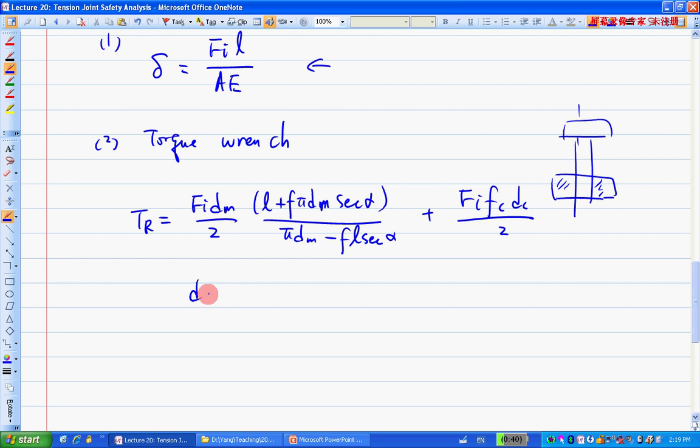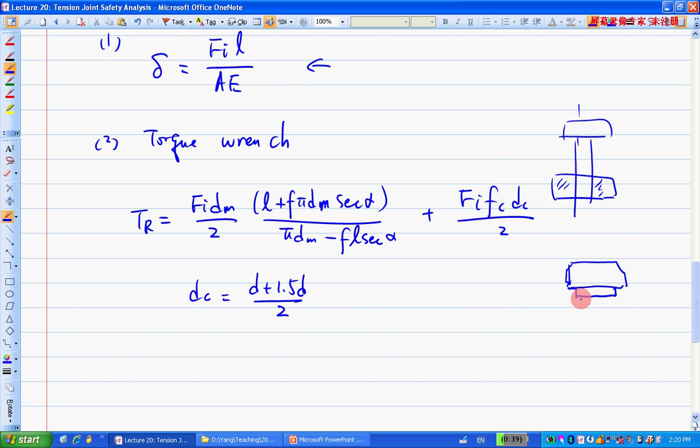For the dc value, if we take dc basically as d plus 1.5 d over 2. I don't have the drawing here. In our case, it's not a power screw. In our case, it's a bolt, and under the bolt there is a washer surface, right?